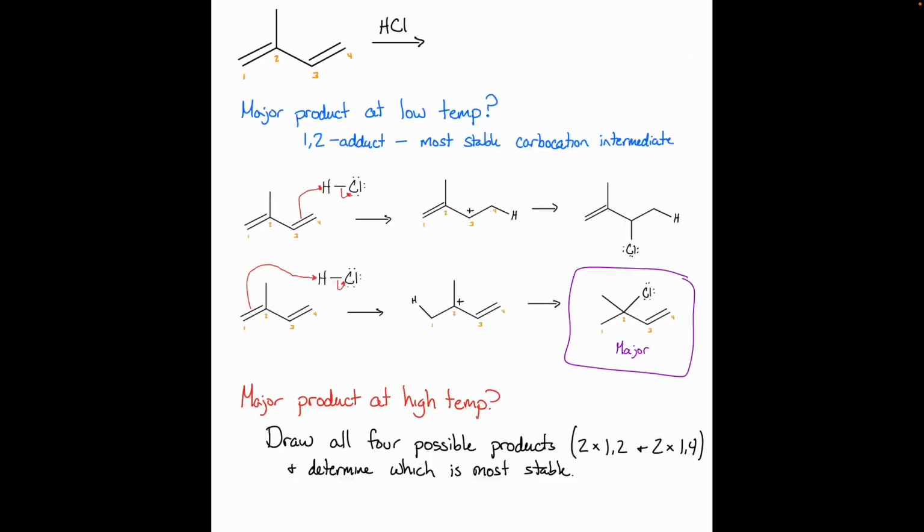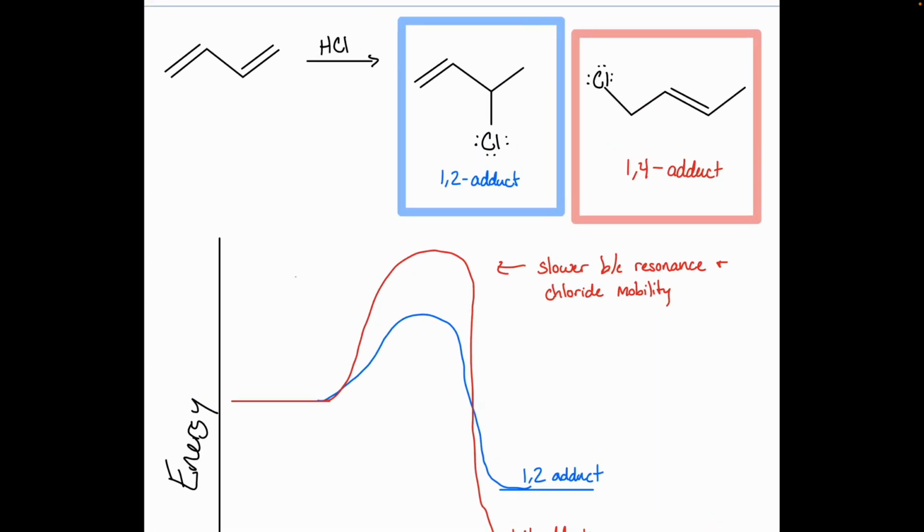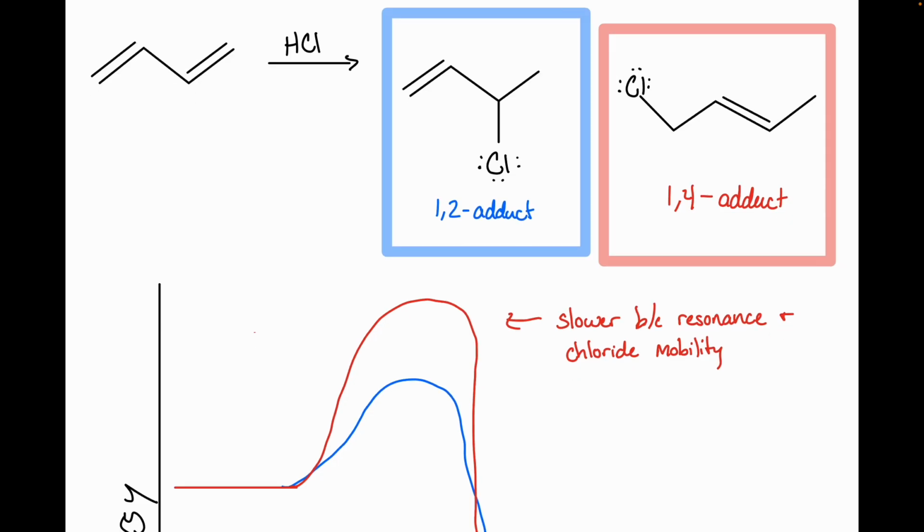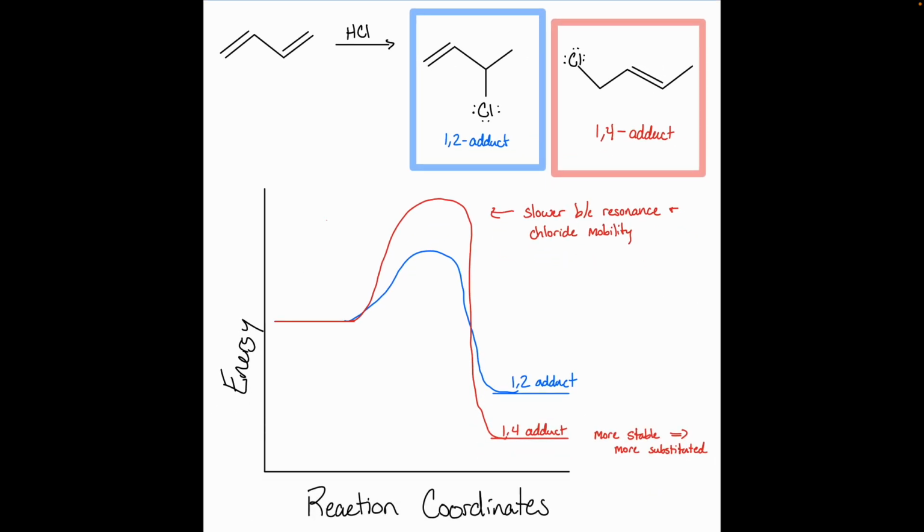For example, in our previous problem, we said that at high temperatures, this was our major product. And that's because it's lower energy than the other one. How do we know it was lower energy? What were we looking at? Yeah, whichever one is the more substituted alkene.